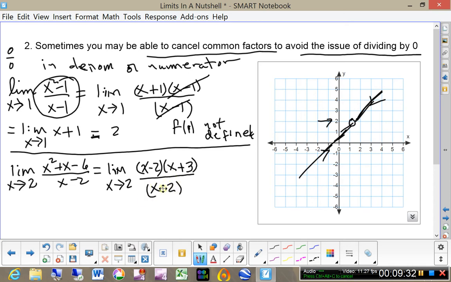And notice, lo and behold, we've got a factor in the numerator and denominator that are the same. We can cancel that out, and now we can just plug in x equal 2, and we get that this limit is equal to 5. And so anytime you can cancel out common factors and eliminate the 0, that's a way to go.